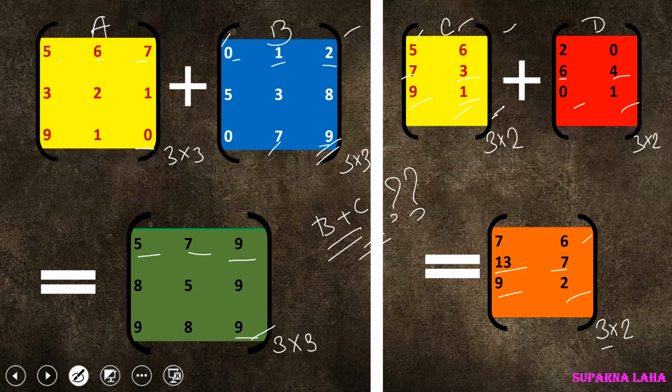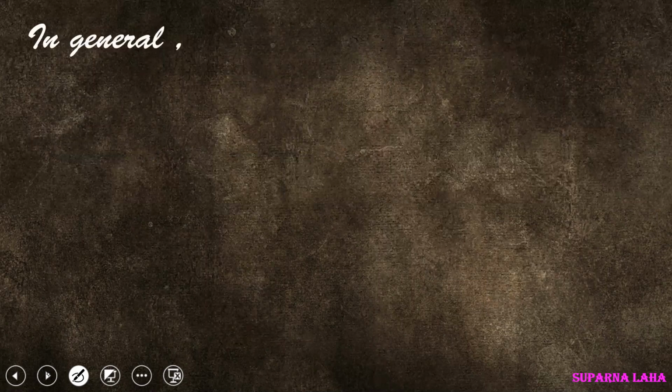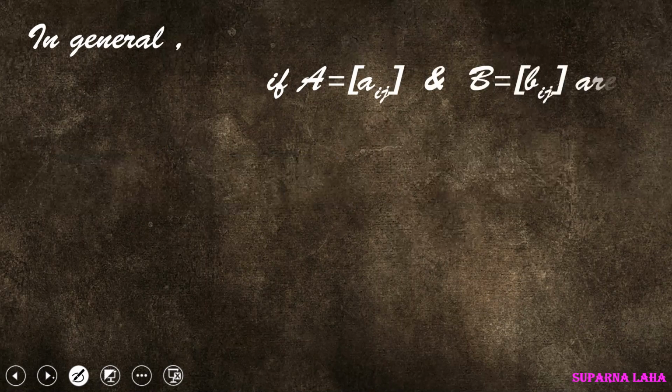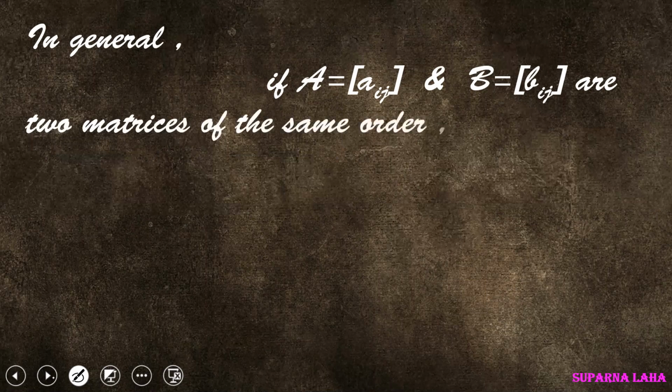Now if we talk about matrix addition in general, if we take two matrices A and B in general form, represented by Aij and Bij, they are definitely of the same order.